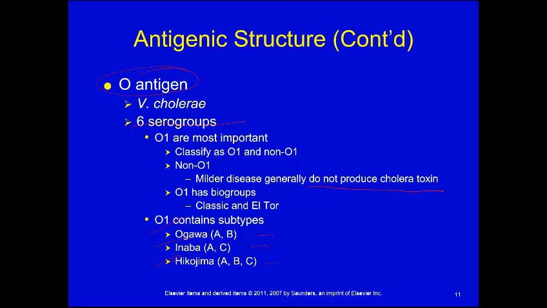Pero to date, what is common in the Philippines is your Ogawa. Okay? This one, the Ogawa subtype is found in the Philippines. The Inaba is found in Japan. And the Hikojima subtype is found in India. Okay? Again, subtypes.